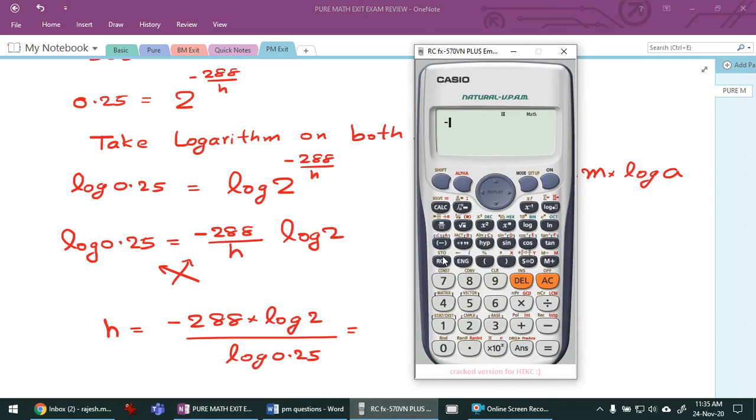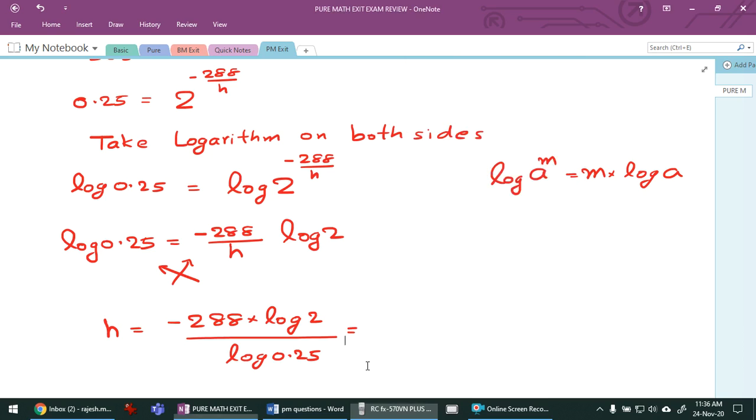So minus 288 into log 2 close bracket divided by log 0.25 close. The answer is 144. So here it is 144 hours. So the half-life H is 144 hours.